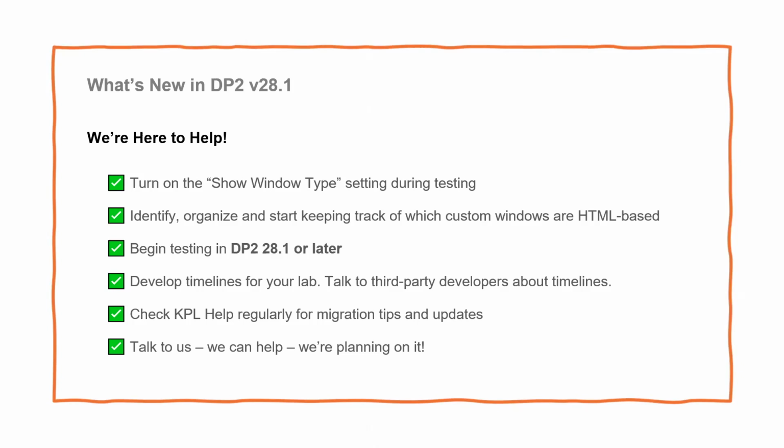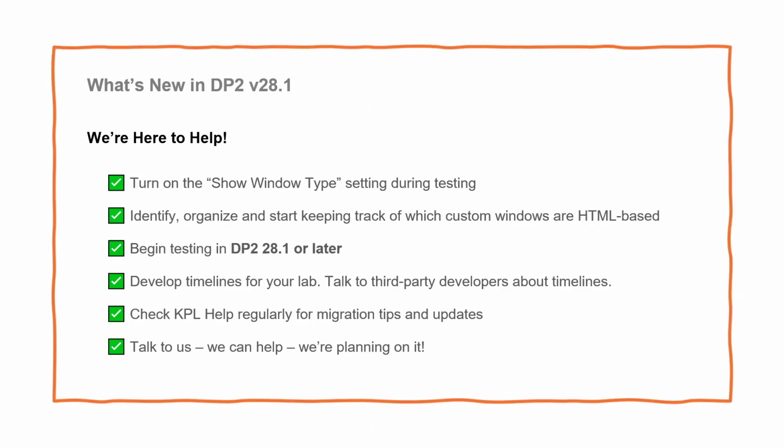That's a place to start. You don't have to really do anything other than that. It'll help you see which windows, whether they're stock DP2 or custom, are being displayed using HTML. If you're concerned that special or specific scripts and macros might be impacted by upgrading, please reach out to us so that we can work together to get your lab started and to the point where you can upgrade to 28.1.